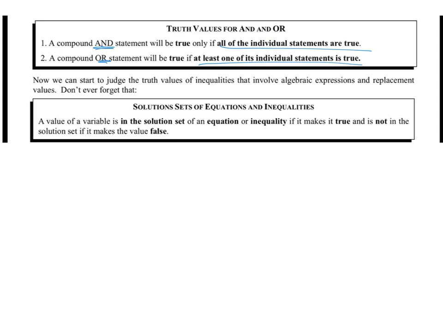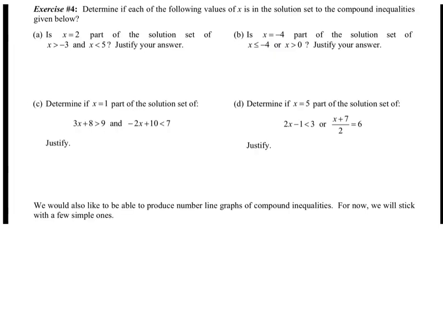So now we can start to judge the truth values of inequalities that involve algebraic expressions and replacement values. Don't ever forget that a value of a variable is in the solution set of an equation or inequality if it makes it true, and is not in the solution if it's false. Determine whether each of the following values is in the solution set.